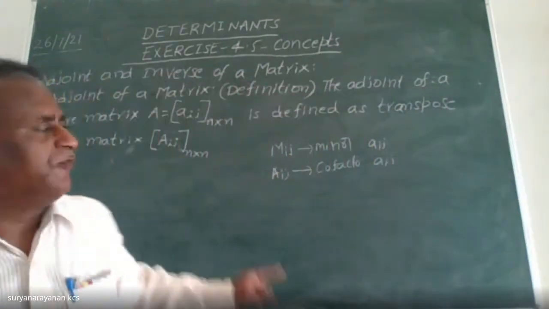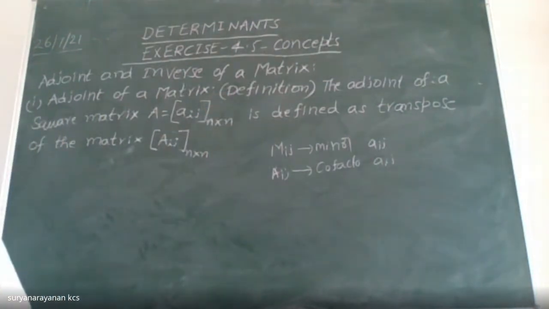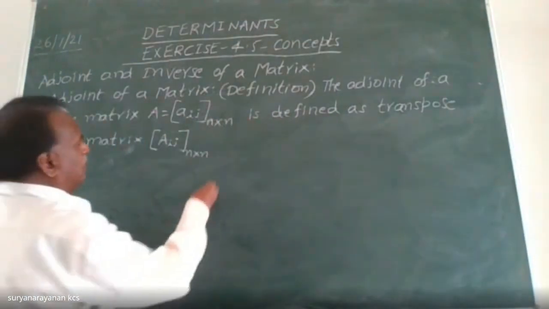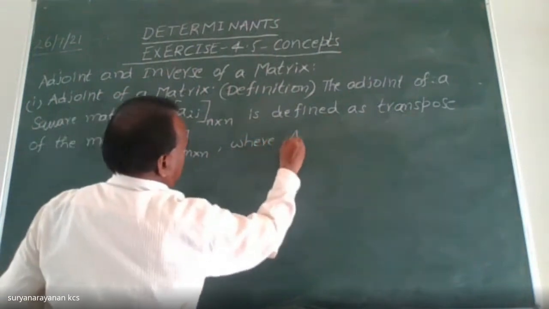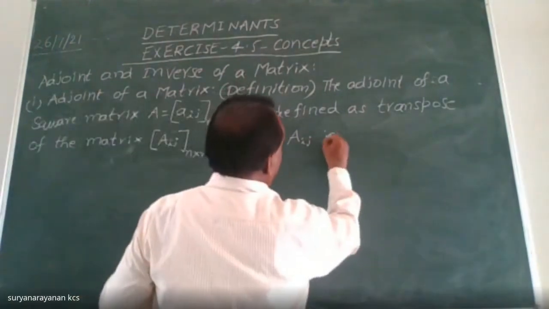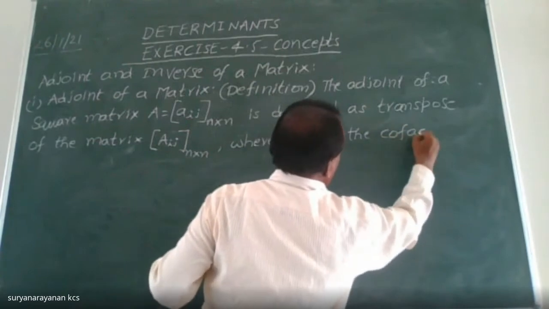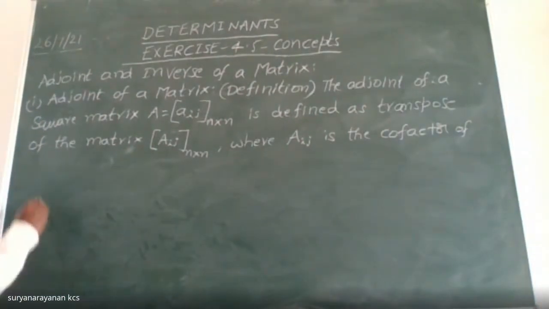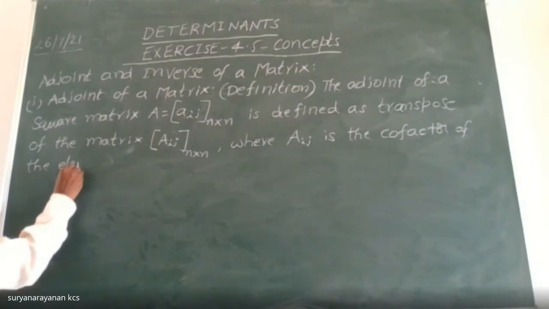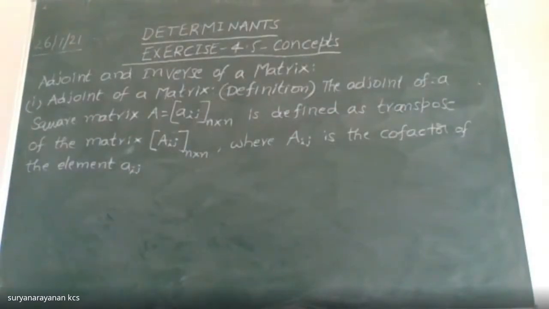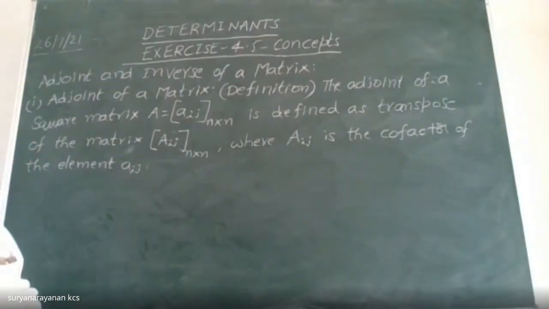This is about the definition of adjoint of a matrix, where capital letter Aij is the cofactor of the element aij.